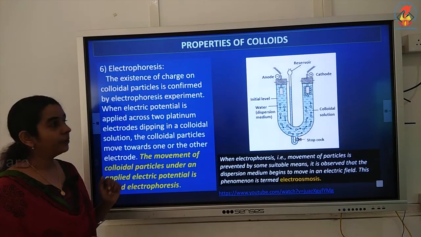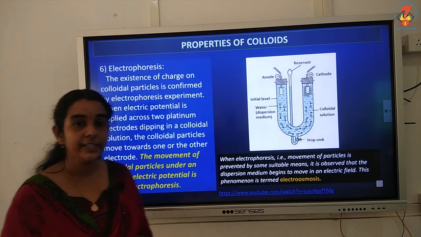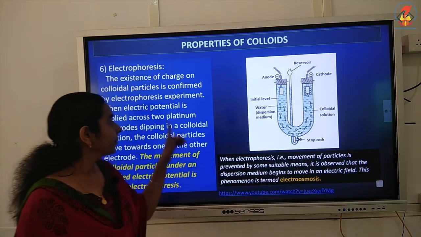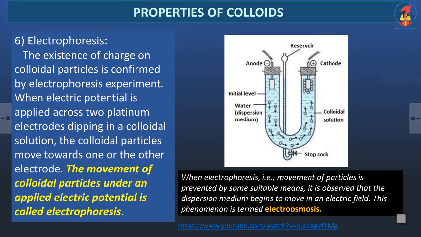Now the last property of a colloid is electrophoresis. In electrophoresis, this is the apparatus setup. Here we are using a U-shaped tube, and at both the ends there are electrodes, and we are applying voltage. Here we have platinum electrodes at both the ends.